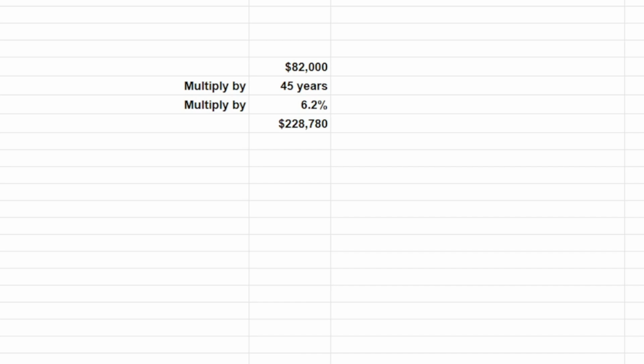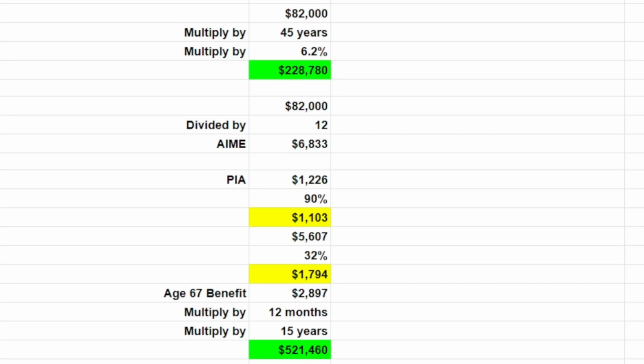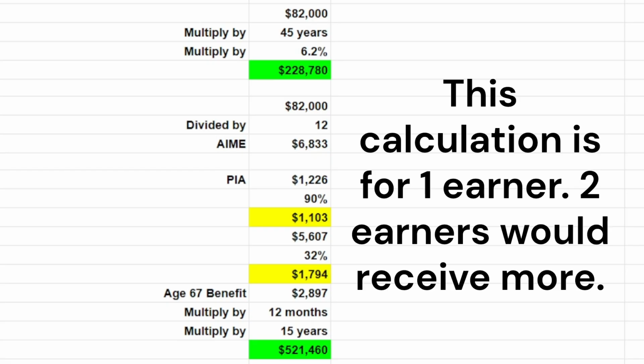In today's dollars, they would have paid in $228,780. For the full calculation, $82,000 per year times 45 years times 6.2% equals $228,780.